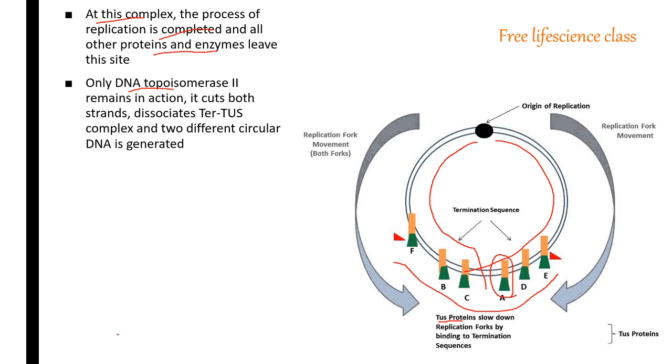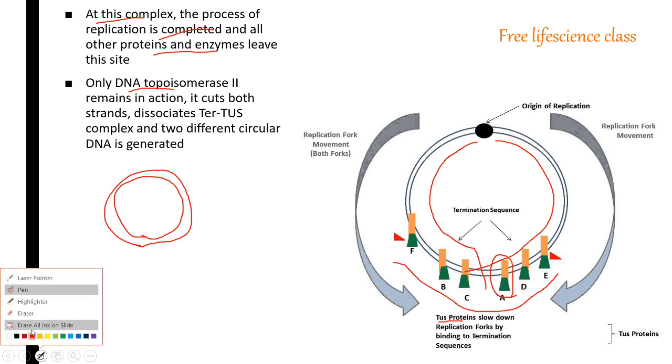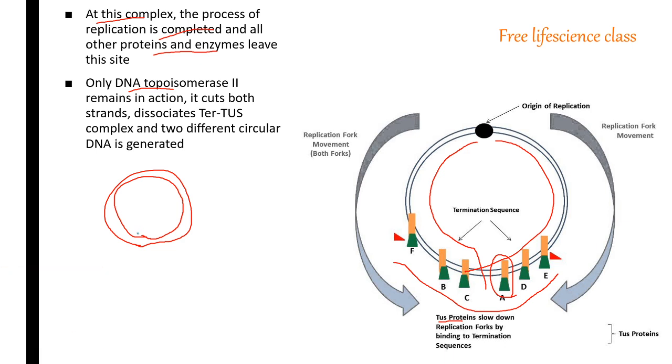So now you get new strands, that is two different strands of DNA, isn't it? You get two new different DNA molecules and you have to remove this newly synthesized DNA from the other.